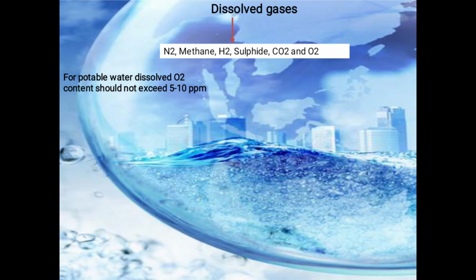The extent of organic matter present in a water sample can also be easily estimated by supplying oxygen to this sample and finding the oxygen consumed by the organic matter present in the water. This oxygen demand is known as biochemical oxygen demand, that is BOD, and is tested for raw water as well as for treated water.